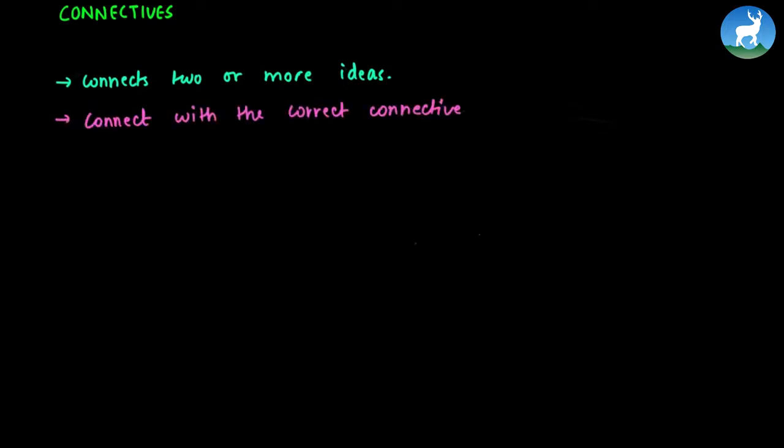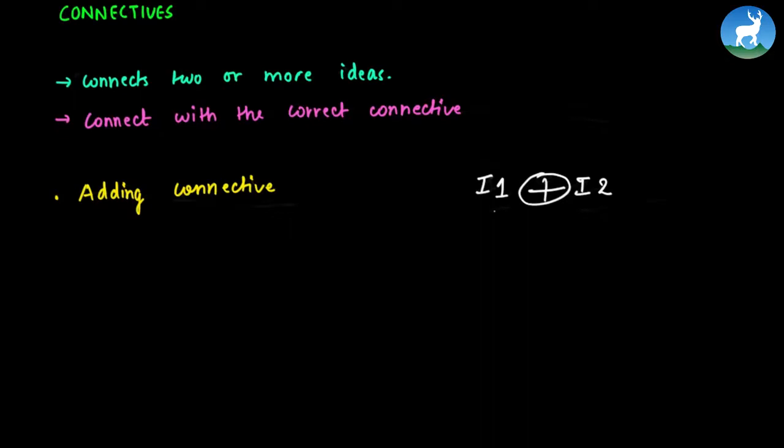Now we have many different types of connectives, and we will list them first. The first one we will go through today is the adding connectives. We know what a connective is: it is used to connect two sentences or ideas. The adding connective is used to add information.